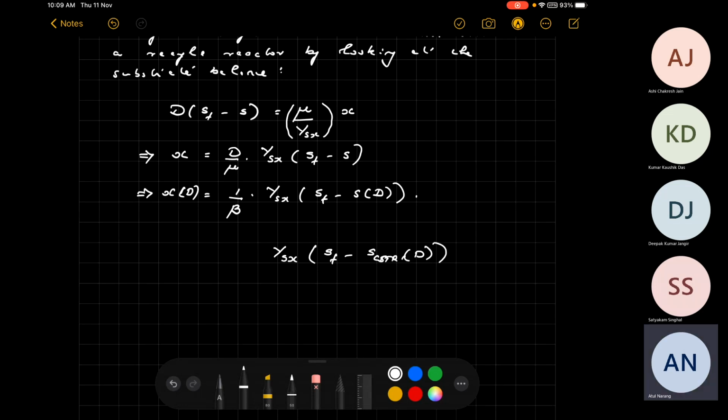Why? Because this is the biomass level in a CSTR. And what I'm asking is, is this function bigger or smaller than the function below? Is it bigger or is it smaller?